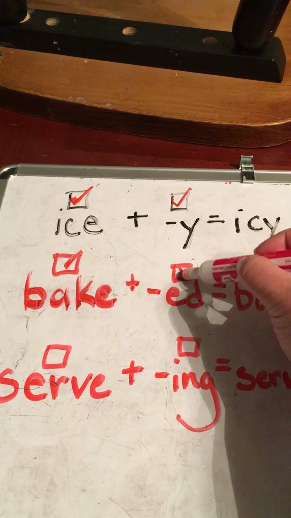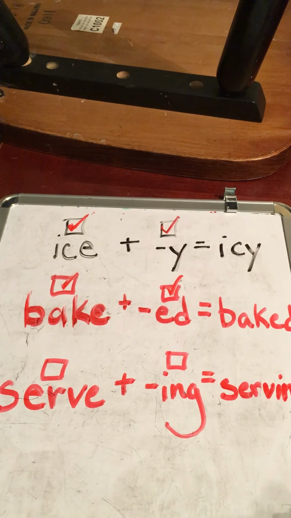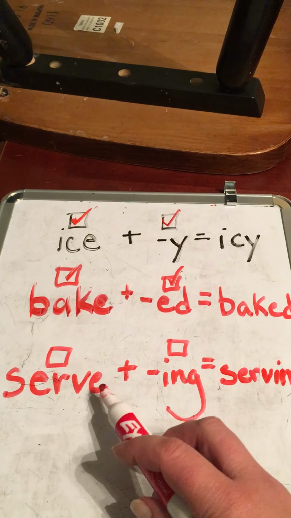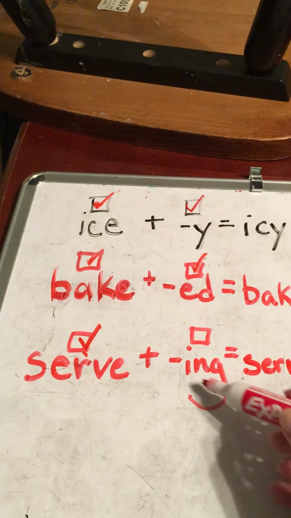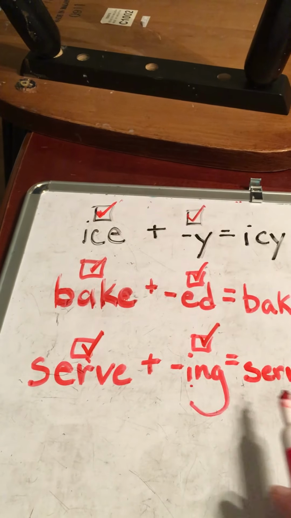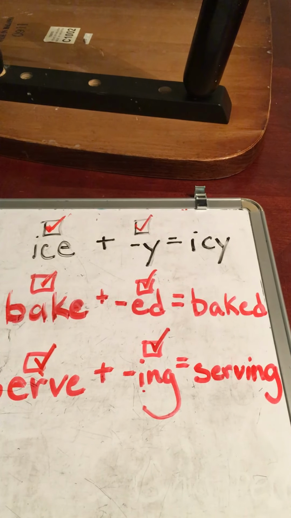Vowel suffix, yes. Two check marks means we drop the E and we only have one E, baked. Serve ends with a sneaky E. Ing is a vowel suffix. Two check marks, we had to drop the E to get serving.